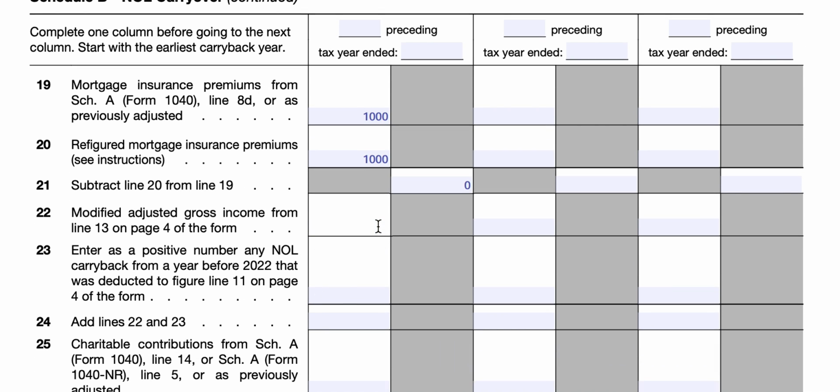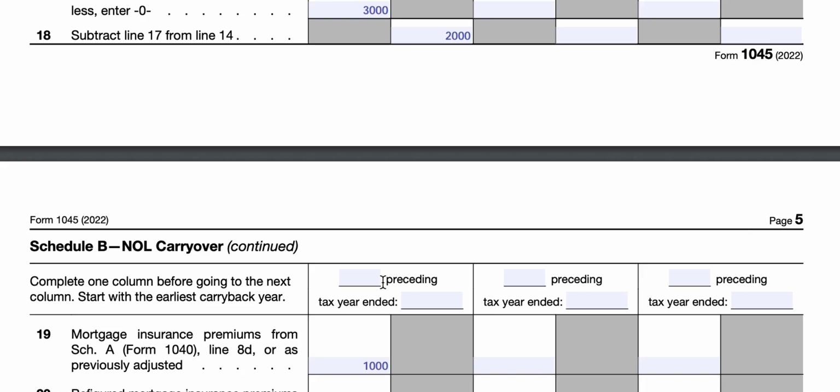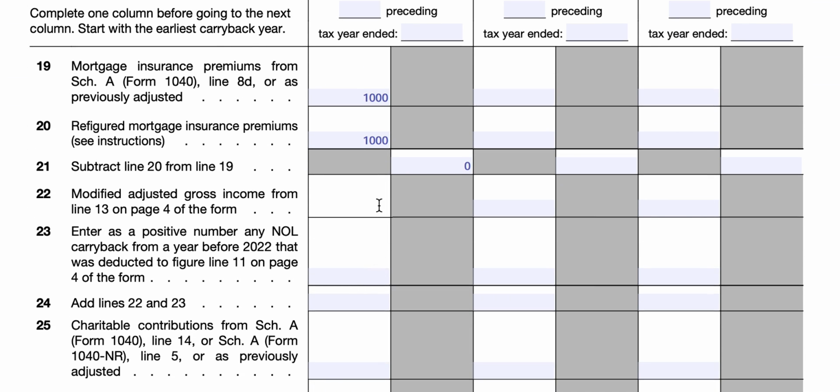And then for 2022, for line 22, we're going to simply enter the modified adjusted gross income from line 13, which is right here. We'll enter $50,000.